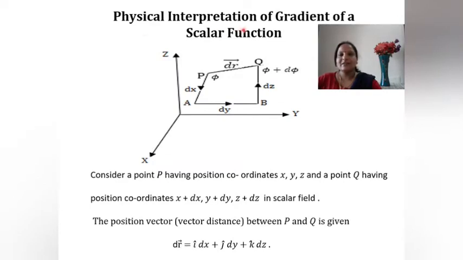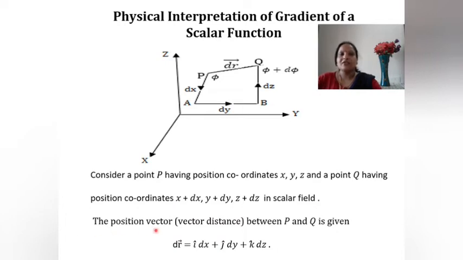Physical interpretation of gradient of a scalar function. Let us consider two points P and Q. P is the point which is having the coordinates x, y, z, and Q is having the position coordinates x plus dx, y plus dy and z plus dz in the scalar field.